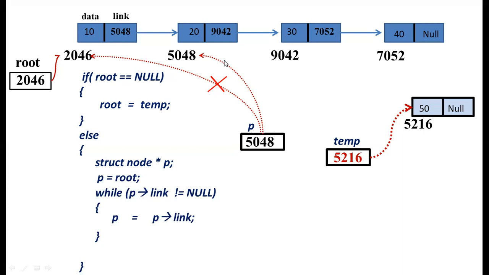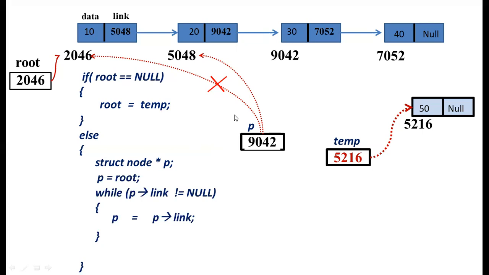Understood? Now again the while loop. What is P to link? The P to link value is 9042, which is not equal to null, so the P to link value will be stored into the P. So here it will be 9042. Understood?